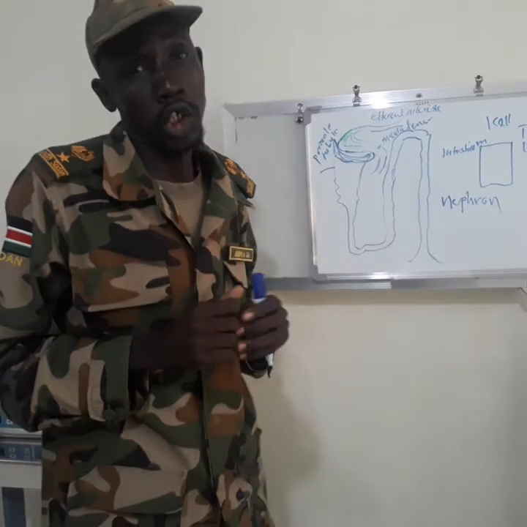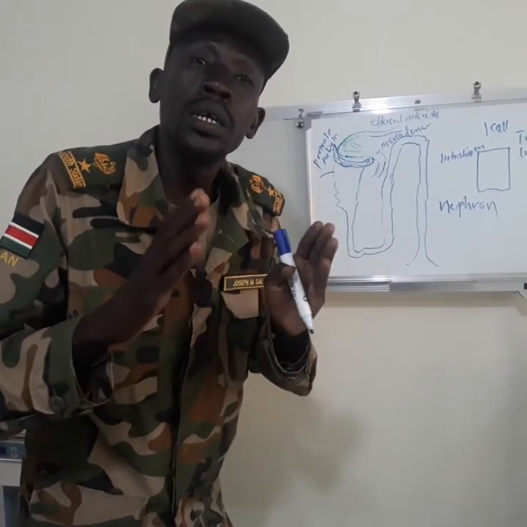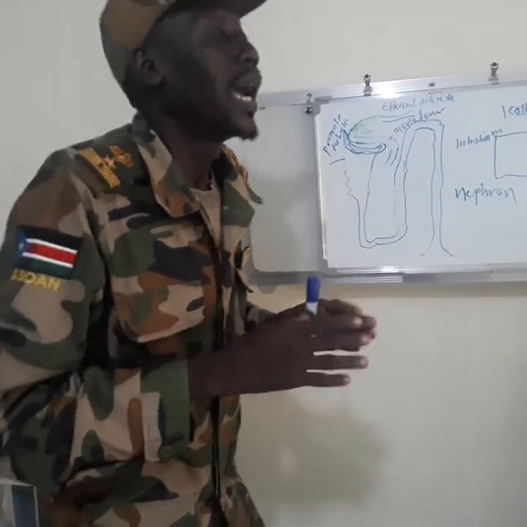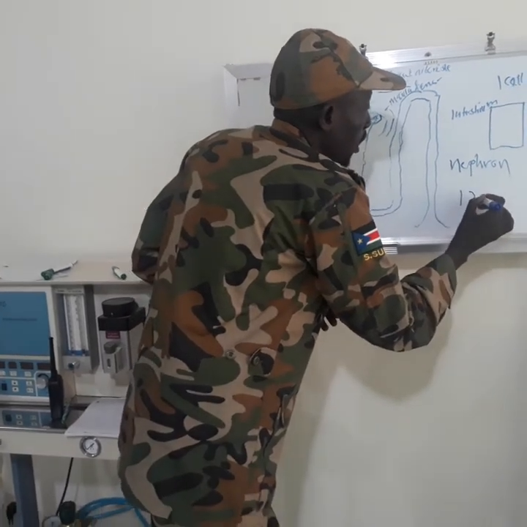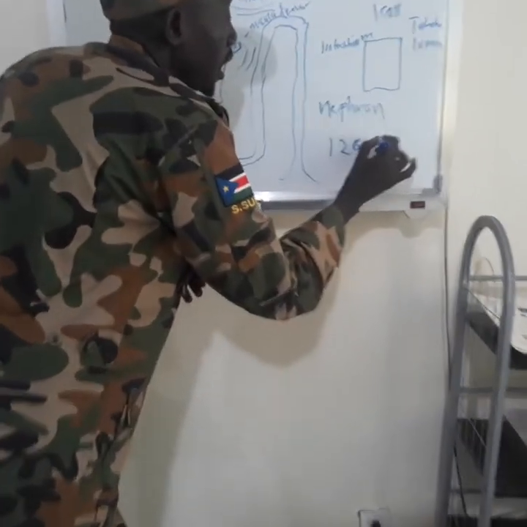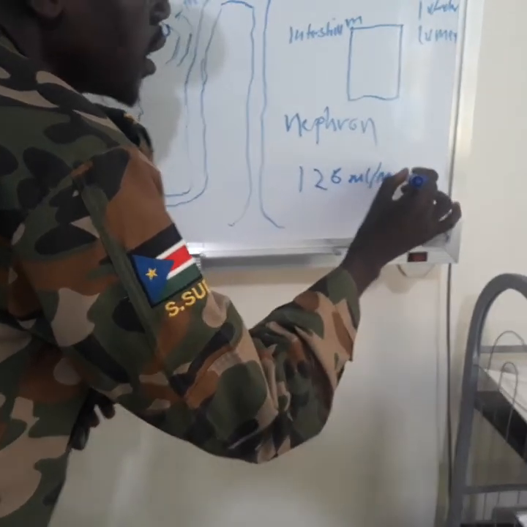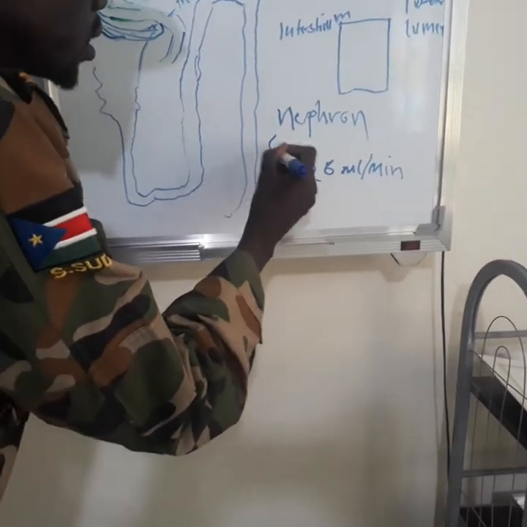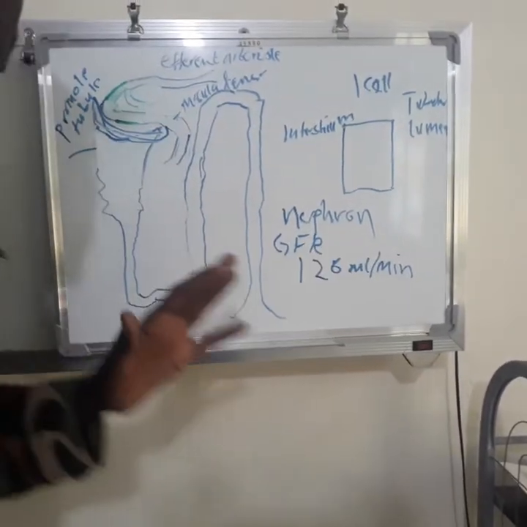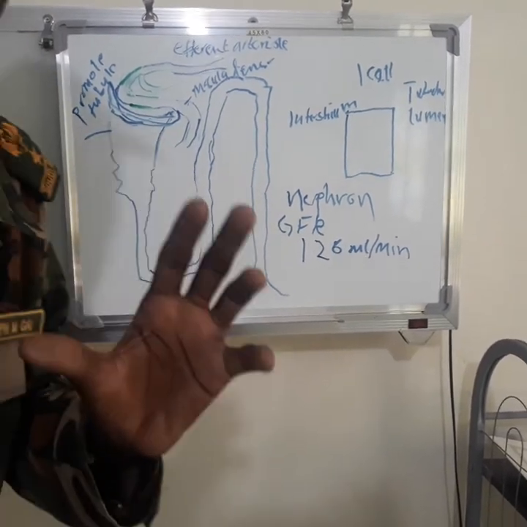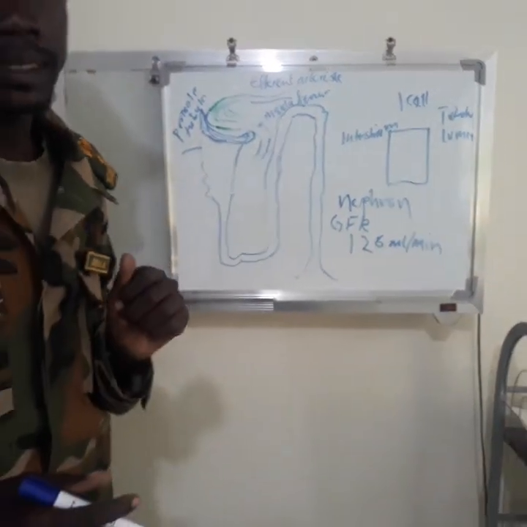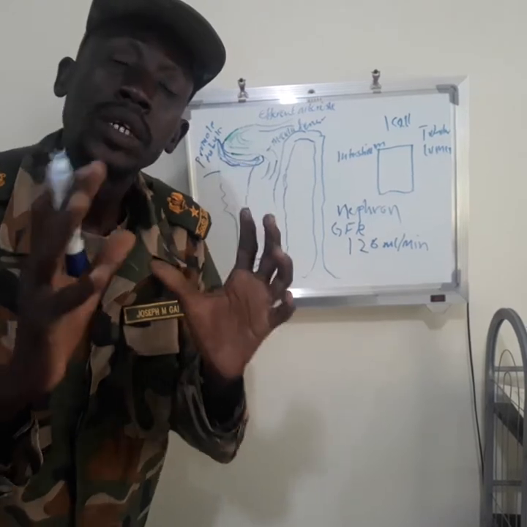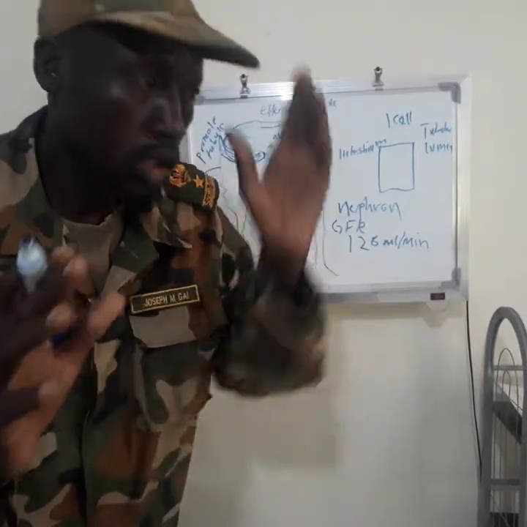The rate of filtration is called the glomerular filtration rate, and it is about 126 ml per minute. GFR measures the normal function of the kidney. So it is the GFR that tells you your kidneys are functioning in a normal manner.